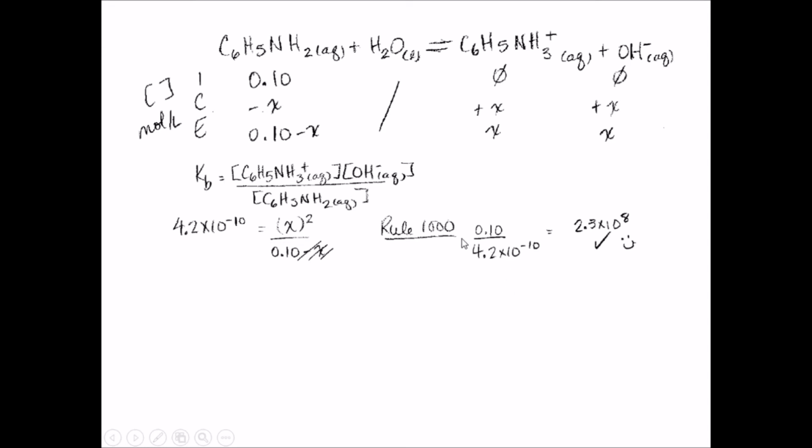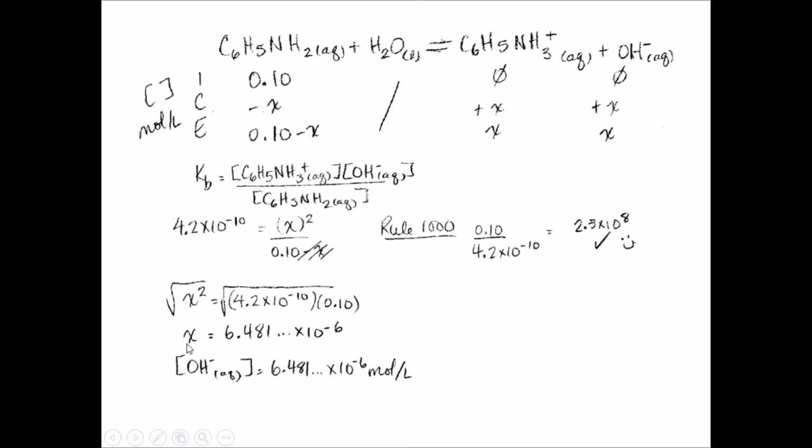The Kb was provided in the question, which is 4.2 times 10 to the negative 10th. We can see that there's a smiley face, so therefore that calculation was greater than 1,000, meaning the rule of 1,000 applies, and I can get rid of the minus x from the denominator in my Kb expression.